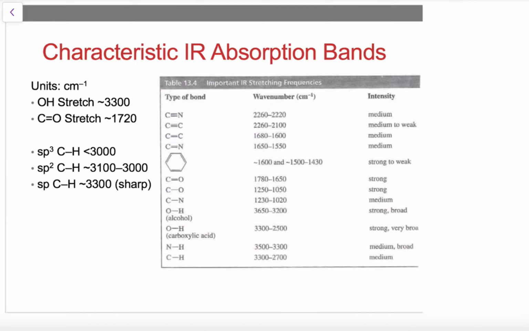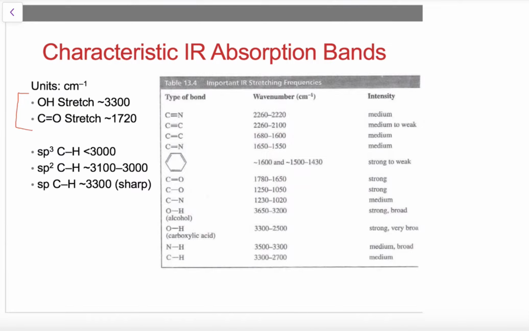Two of them to be on the lookout for, which typically stand out the most, are the OH stretch for the alcohols or carboxylic acids and the carbonyl stretch. The OH stretch typically shows up around 3300 and the carbonyl stretch shows up around 1720. Those are typically the first two that I look for, and then from there derive the functional group.